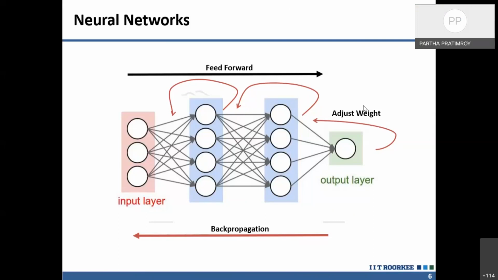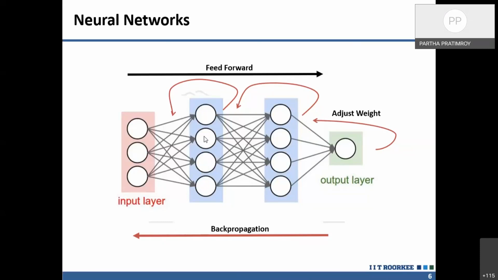Fine. So the adjustment of these weights is done from the back side. You go from input to the first layer, second layer, and output, but the adjustment is done from the back. If there are some errors, the weights from the last layer to the output layer are modified first, and then accordingly the results propagate to the previous layers.